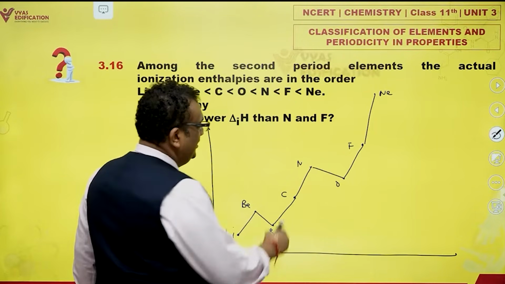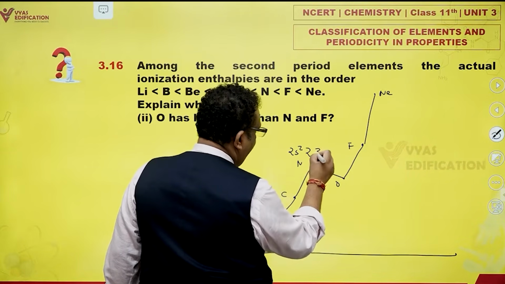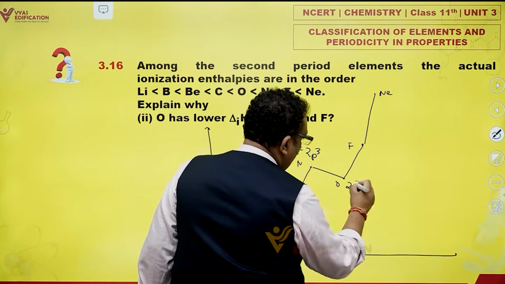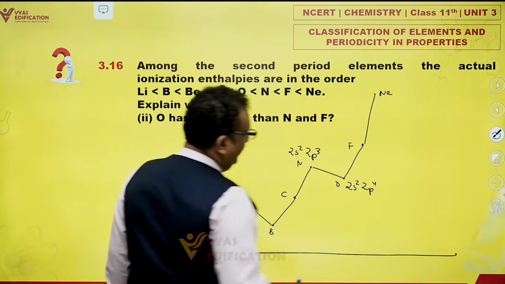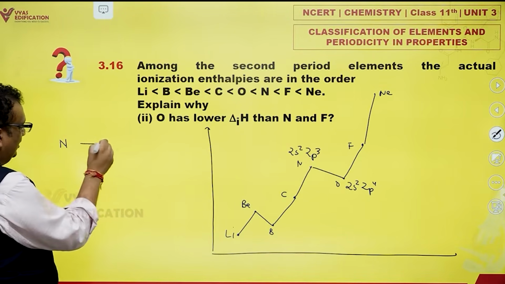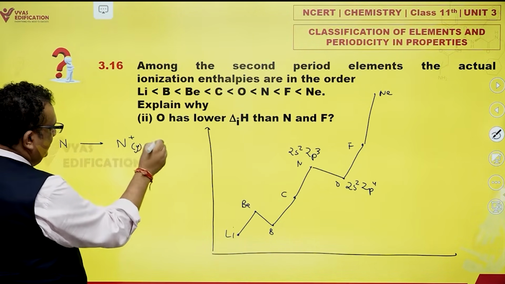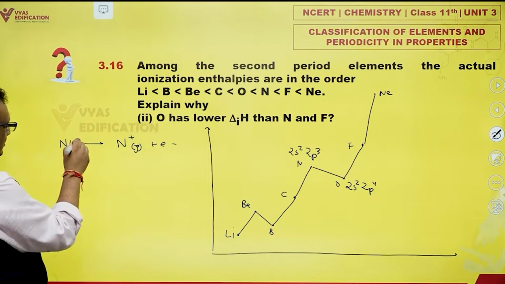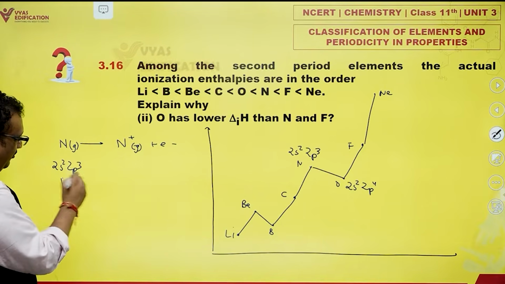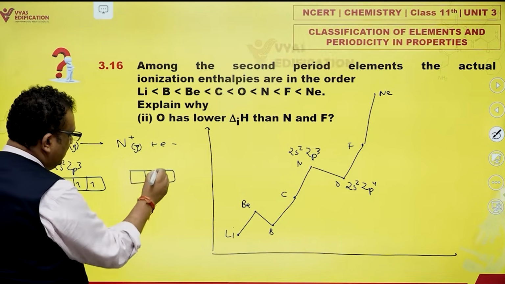Nitrogen has electronic configuration 2s2, 2p3, while oxygen has electronic configuration 2s2, 2p4. Now, as nitrogen undergoes ionization, you are removing an electron from the 2p orbital.